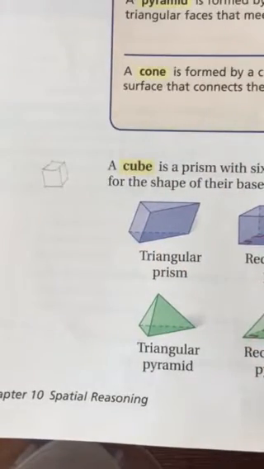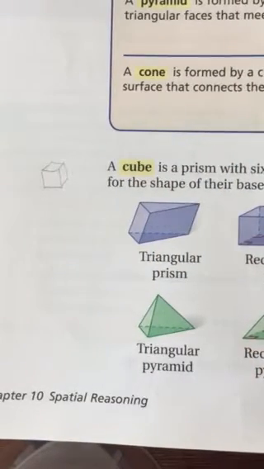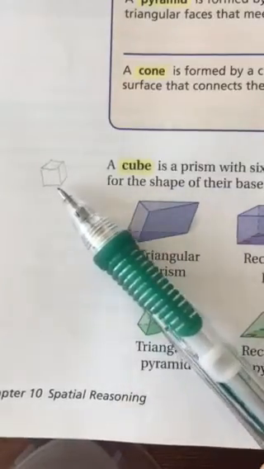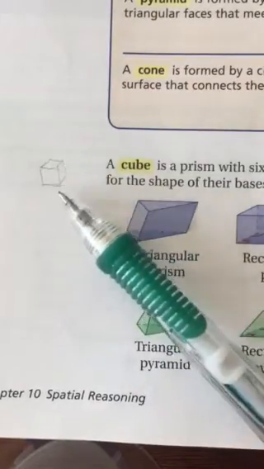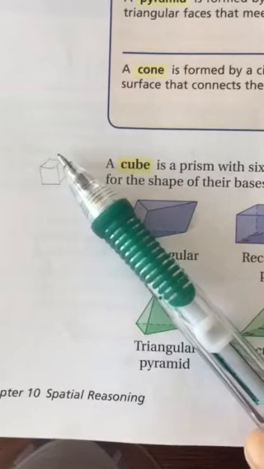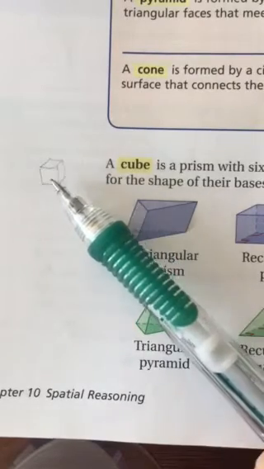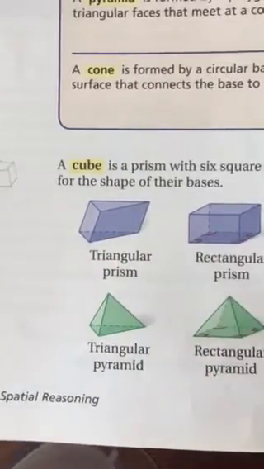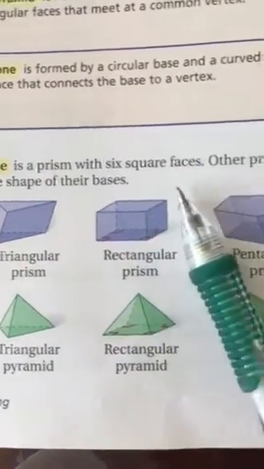So it's a 6-sided figure. It's a prism because following our definition above, it has 2 parallel congruent polygonal faces that make the bases, and then it has parallelograms for all of its sides all the way around. So a cube is a prism with 6 square faces.